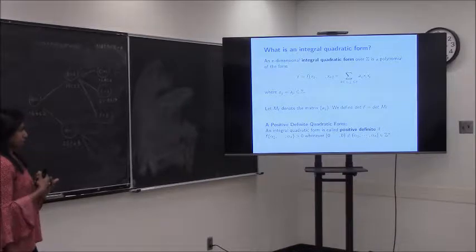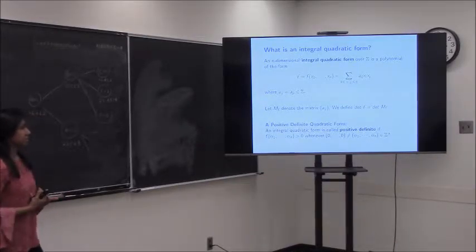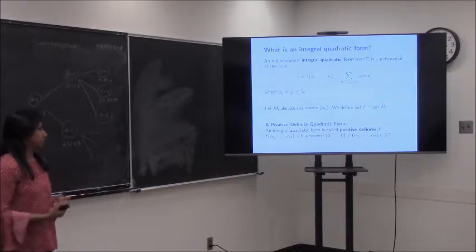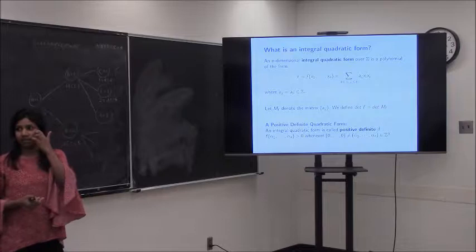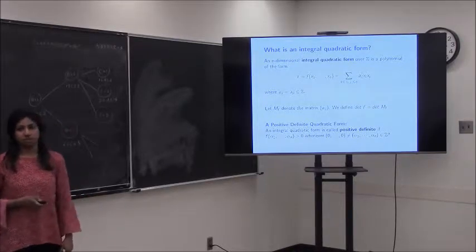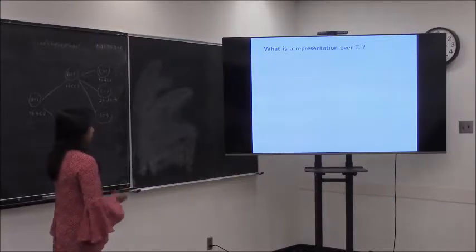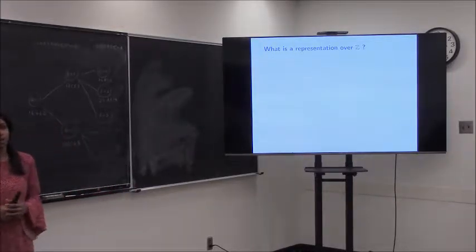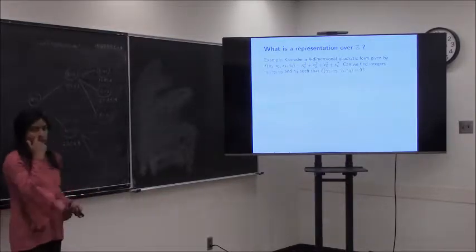An integral quadratic form is called positive definite if for any non-zero vector, f of that vector is greater than 0. Now let's see what a representation over Z is. To understand this, I am going to use an example.